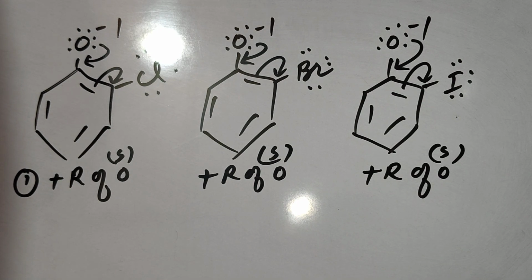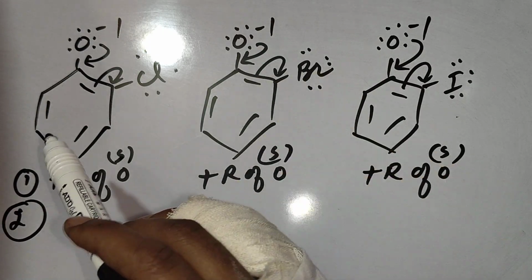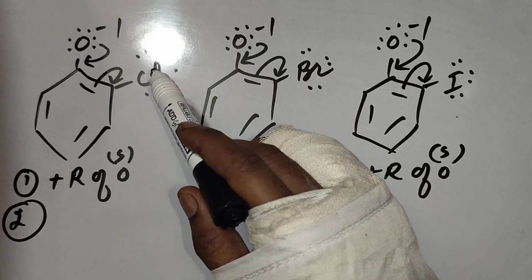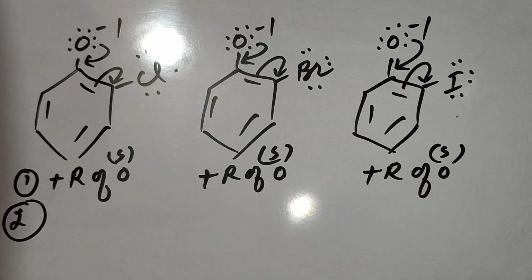So only by this factor we can't say which is more stable and which is less stable, because the value is almost the same. Now the second factor. Is chlorine going to show plus R effect or minus R effect? I already told you the technique.